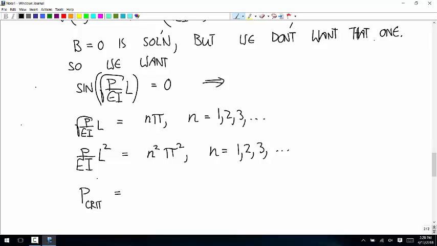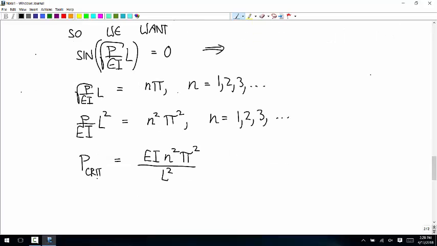And P critical says EI times n squared pi squared over L squared, for n equals 1.